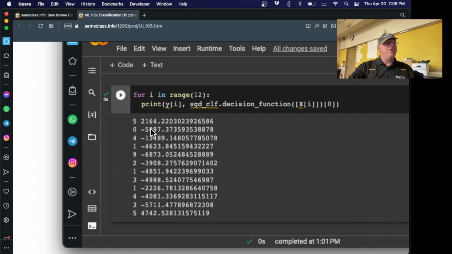The default model will call all of these non-5 and those 5. But you could choose a higher threshold. If you chose a threshold of 3,000, then this one would not be detected as a 5. That would be a false negative, but this one would still be detected as a 5. So you would have more false negatives, but fewer false positives by having a higher threshold.